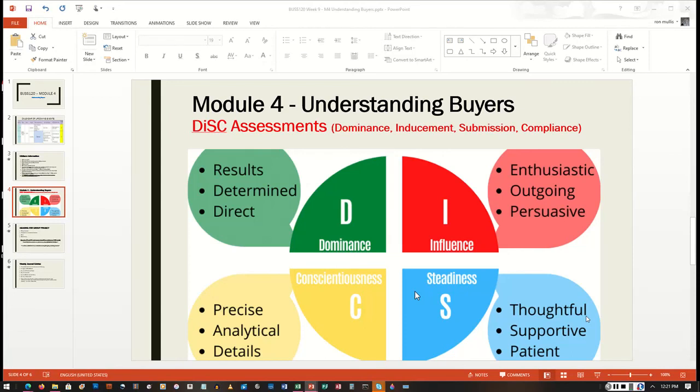This tool can be powerful and very useful for a sales rep who's able to tailor their presentation based on what personality type the prospect they're trying to work with seems to be. In order to be successful in sales, the salesperson just can't sell how they like to be sold to, but they have to adapt their strategy to the buyer's personality. So that's why this is very important when it comes to selling and getting a sale done successfully.